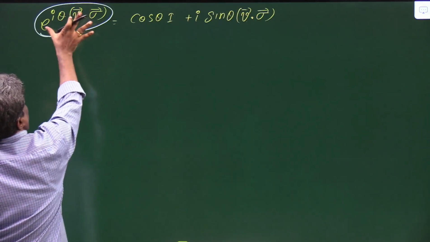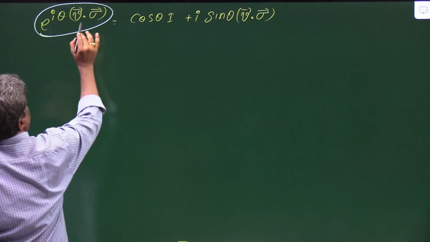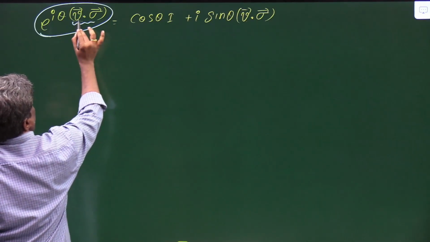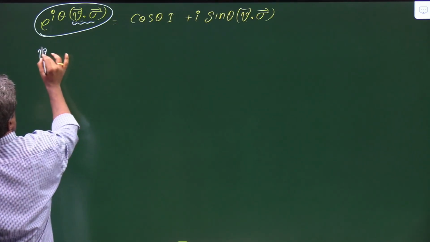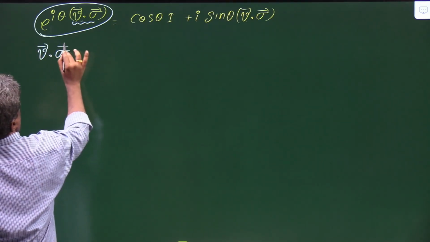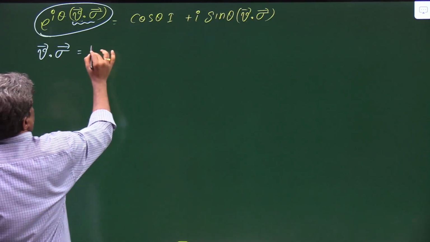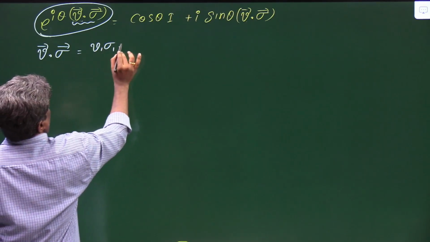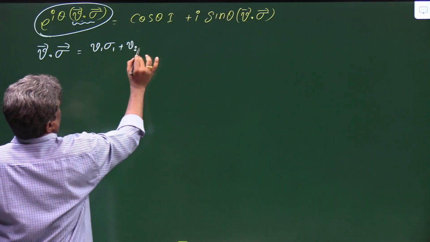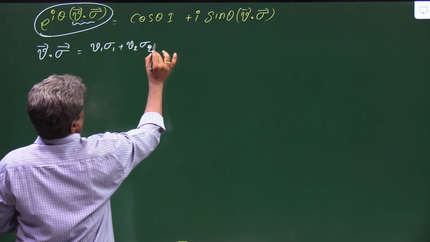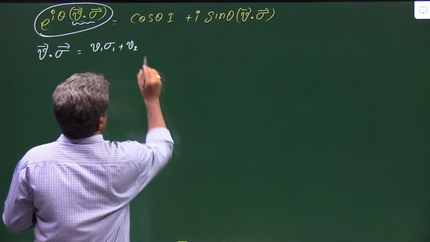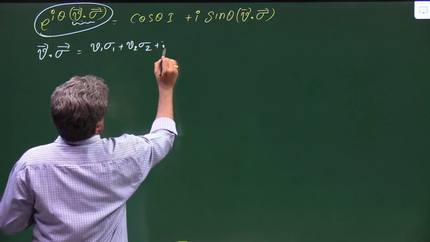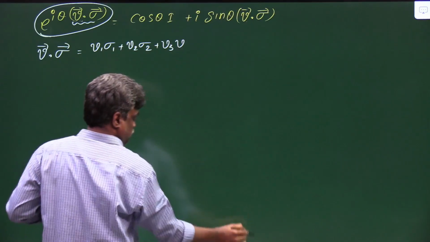If you want to write the spectral decomposition for this, first I have to write the spectral decomposition of this matrix. So let me find the v bar dot sigma matrix, which is nothing but v1 sigma 1, that means sigma x, v2 sigma y, we can write sigma 2, and v3 sigma 3.